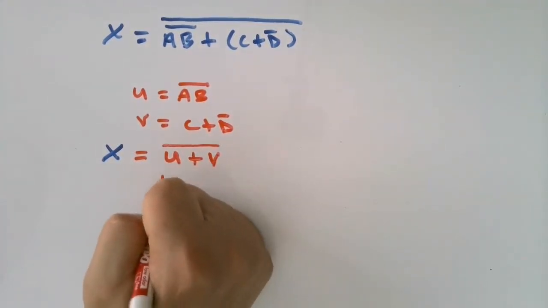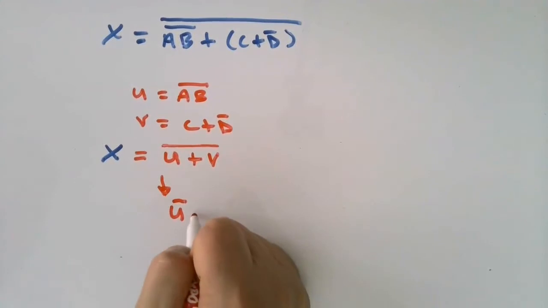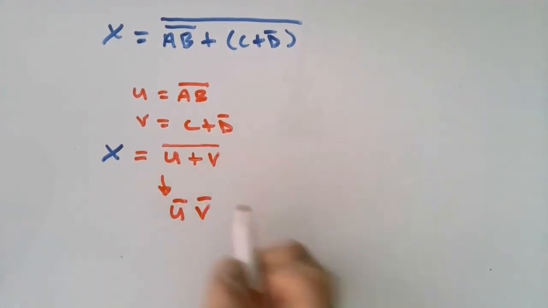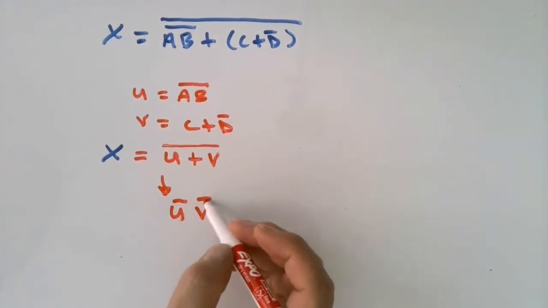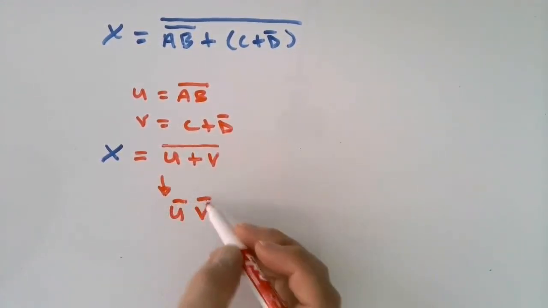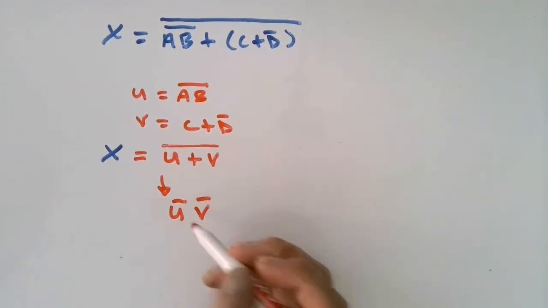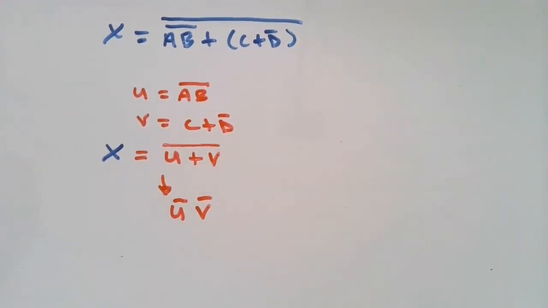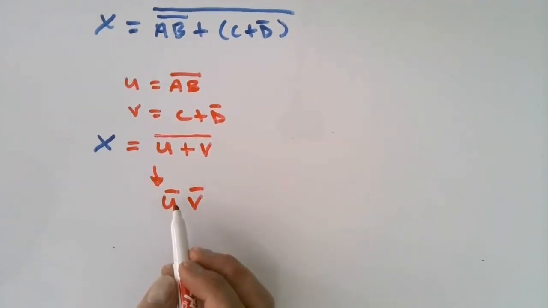If we do the DeMorgan transformation on these terms, we end up having X equals U naught and V naught. All I've done is change the outputs to the inputs, moving the bars to the individual parts, and I've gone from an OR to an AND term. Now let's substitute the original terms back in.